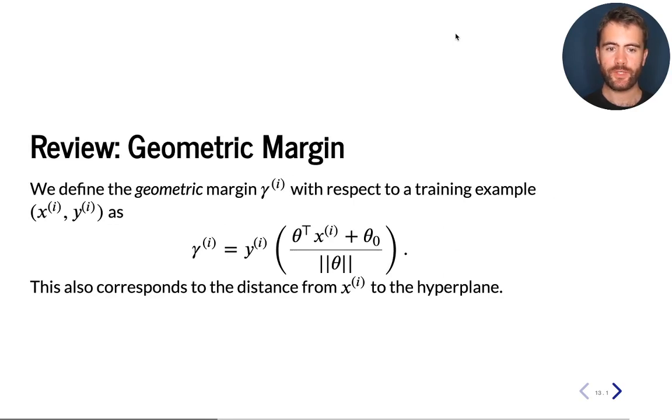Now, recall that from the previous video, we defined the following formula for this concept of margin, which, as I said earlier, is the distance from a given point x to the hyperplane. And we want this margin to be as high as possible for all the different points, which means that our separating boundary will lie as far as possible from the data points xi.